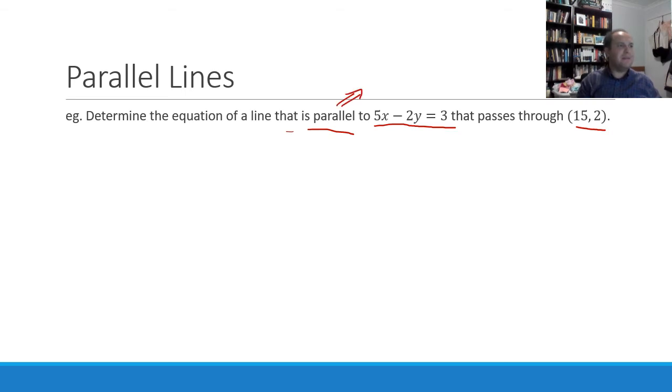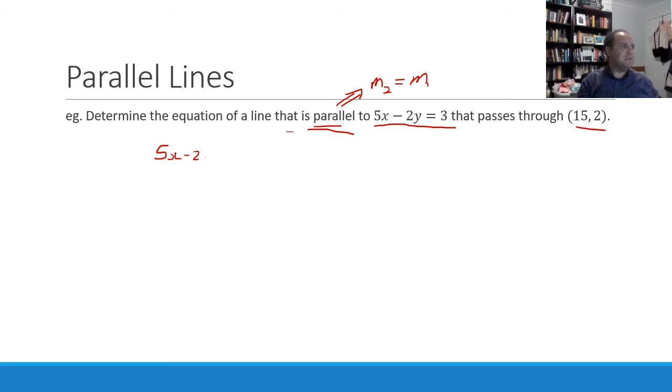So the gradient of our second line, the one we have to find, will be equal to the gradient of our first line.